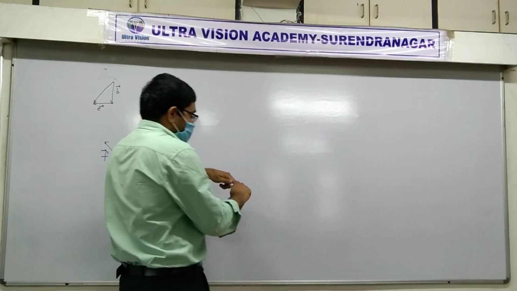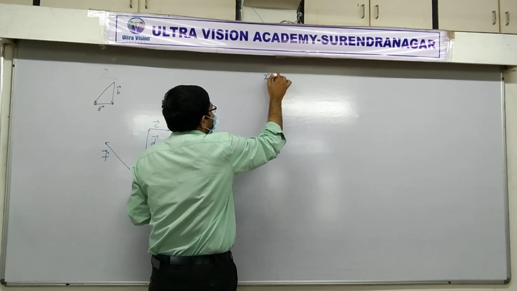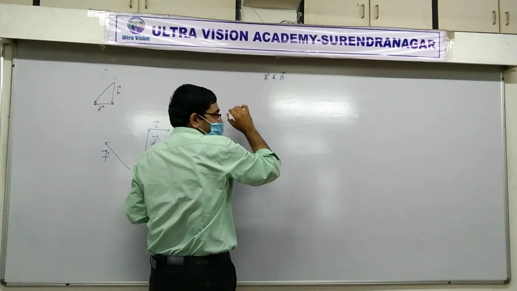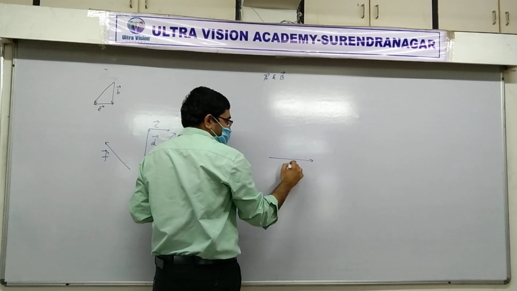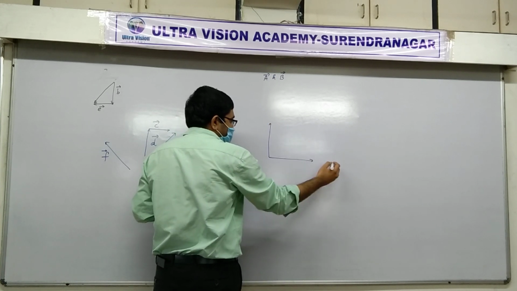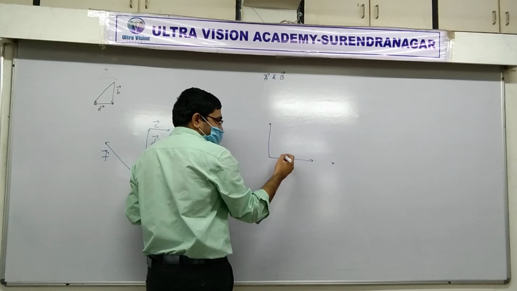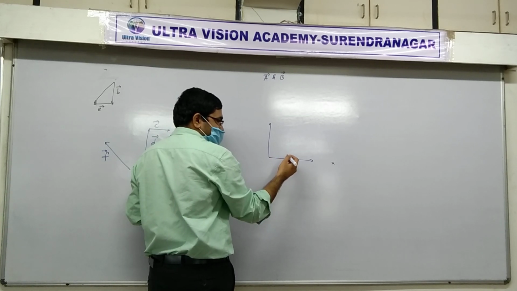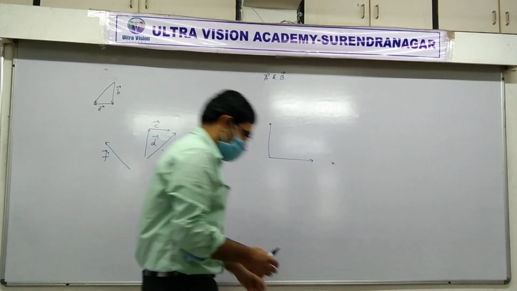Basically, let's take an example. That makes it easy. What is the question saying? A vector and B vector are in one plane. Let's say the board is that plane. For example, A vector is on x-axis. Clear? Yes.